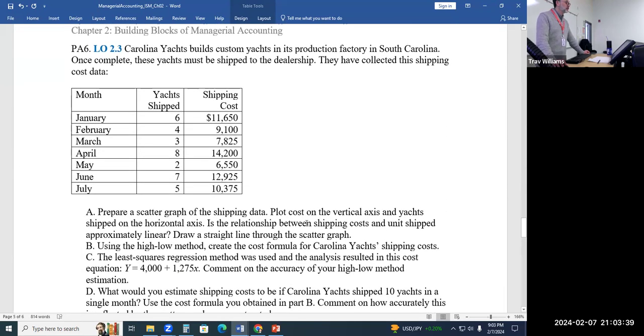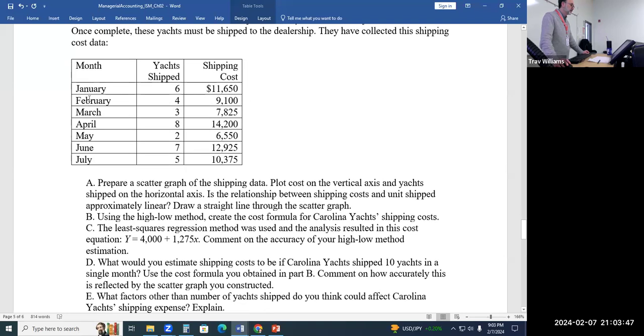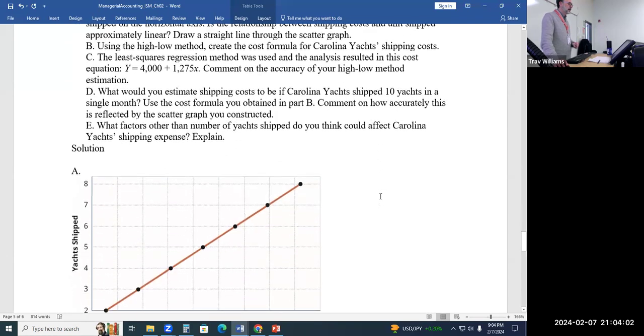The last one is going to be another high-low activity. We'll do it just like the other exercises that we did. You're going to take the high month. High month is April, low month is May. Try using those same formulas, okay? We'll take the difference in costs divided by the difference in yachts shipped.